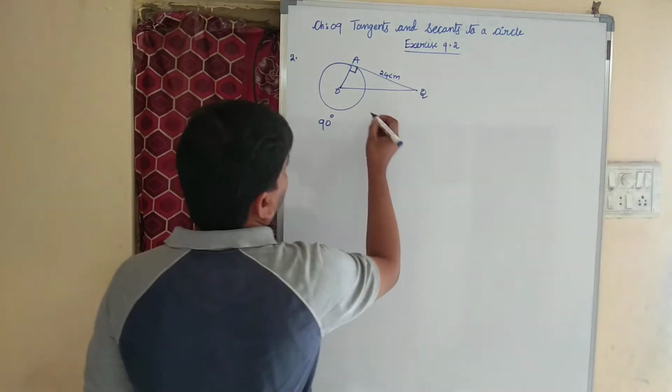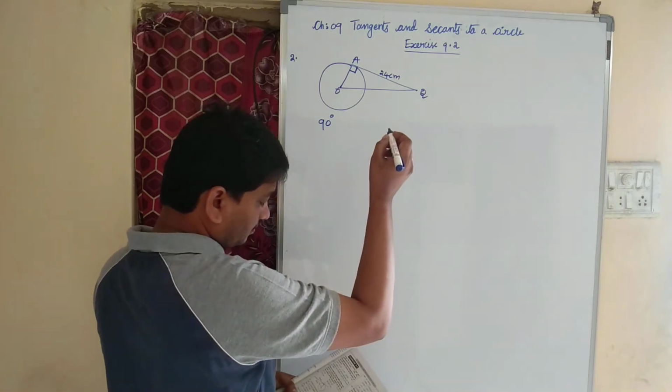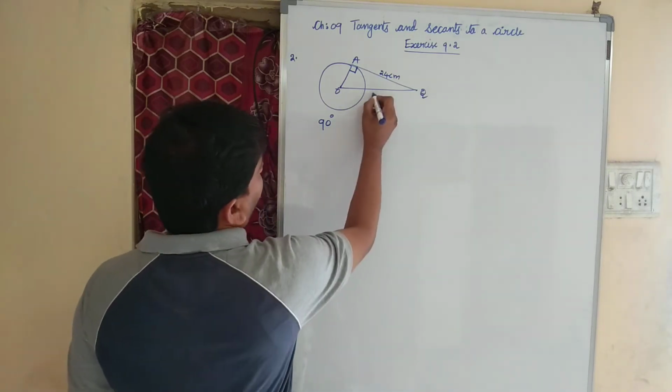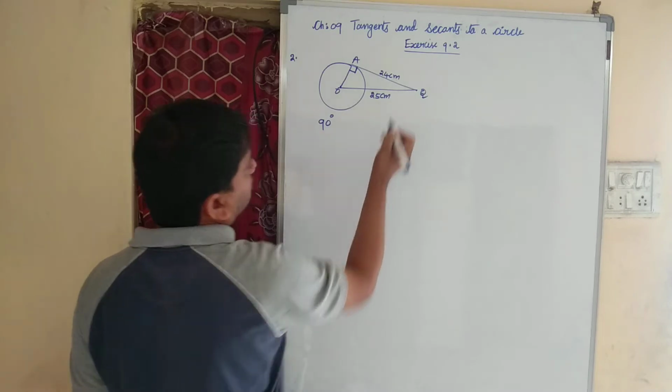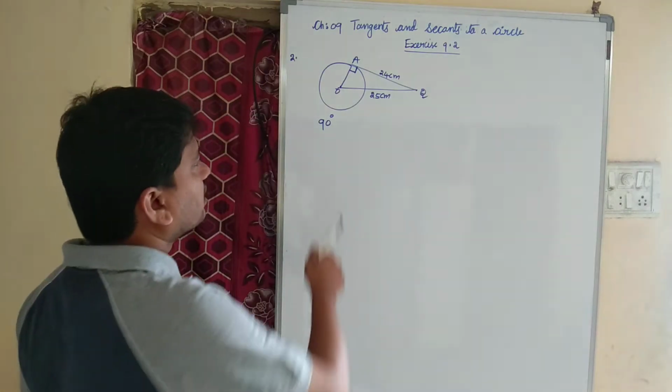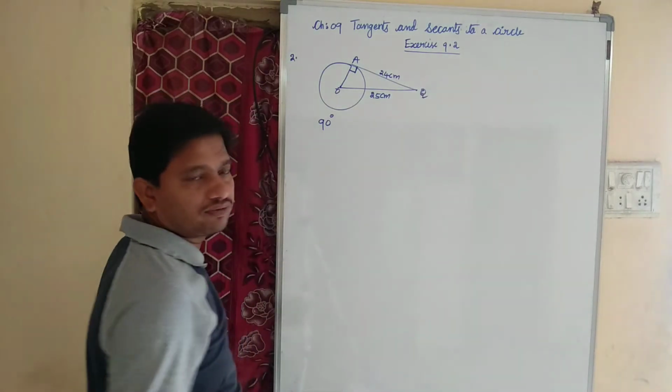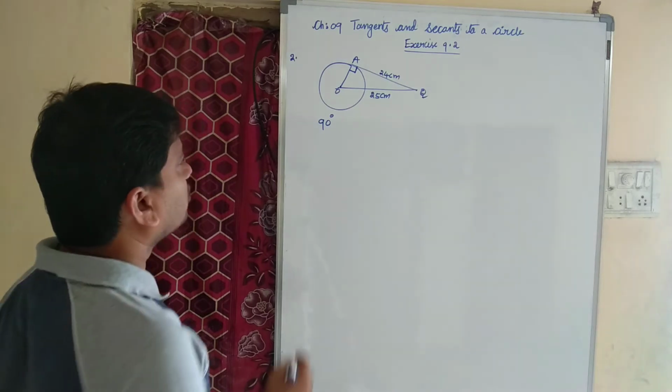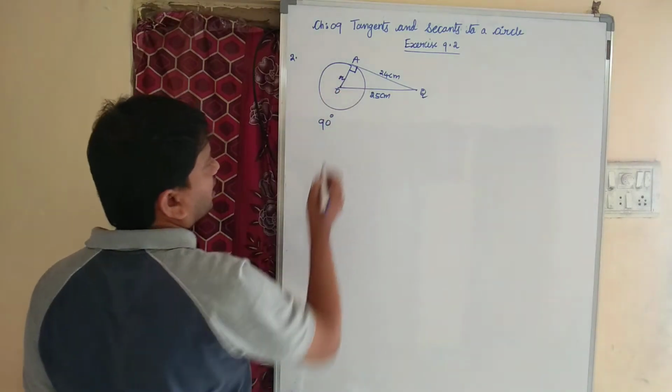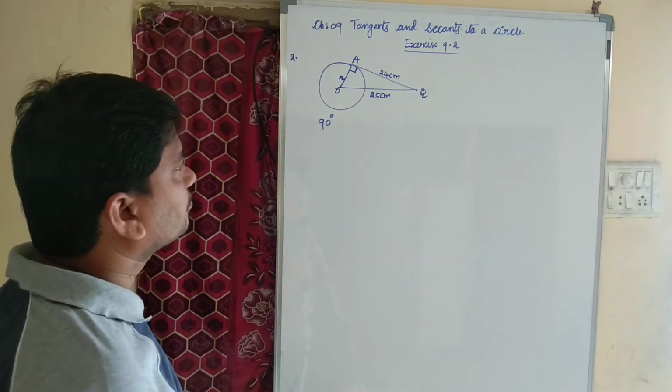The distance between the center and a point outside the circle is 25 centimeters. Now they are asking to find the radius, right?